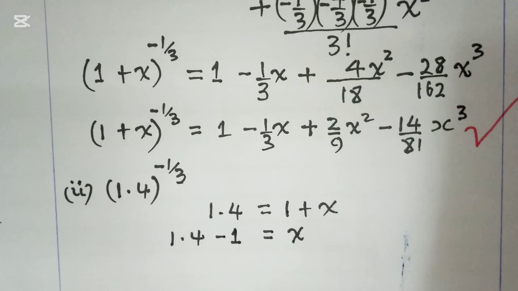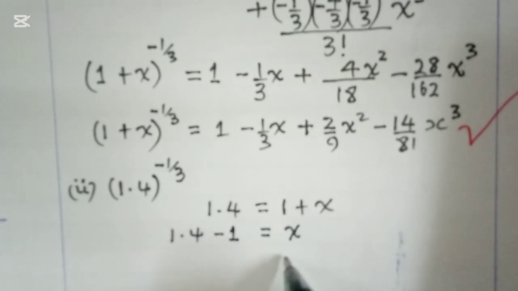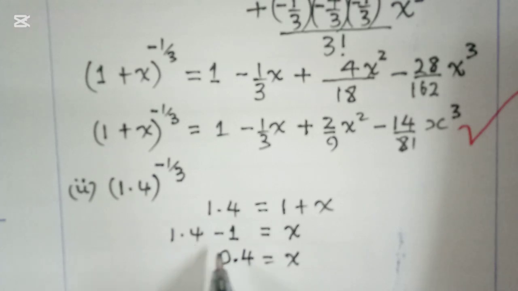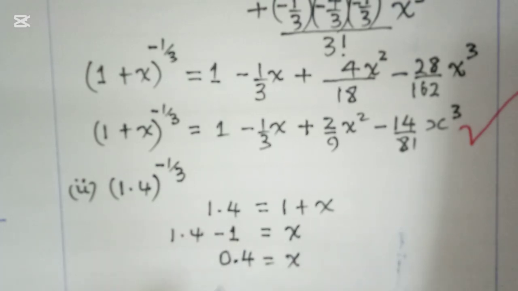And so x is then equal to 0.4. If you take 1 away from 1.4, you get 0.4.